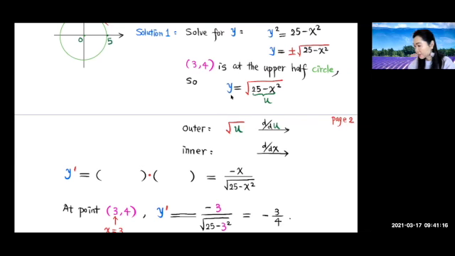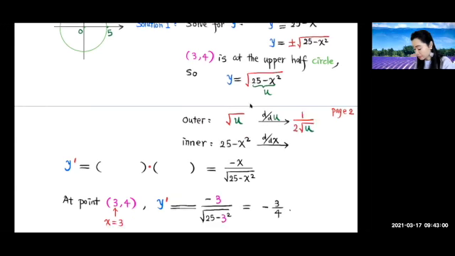We use it as a formula now. We did it many times. So it's 1 over 2 square root of u, okay? The inner function is this u equal to 25 minus x squared. Differentiate this inner function with respect to x, we get negative 2x.